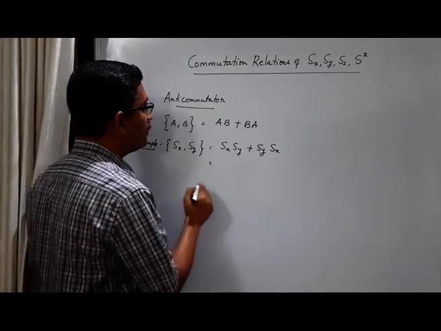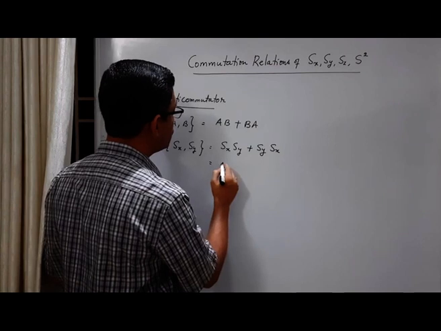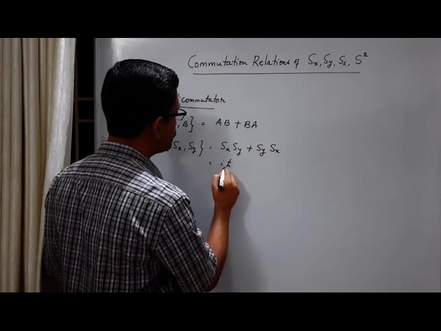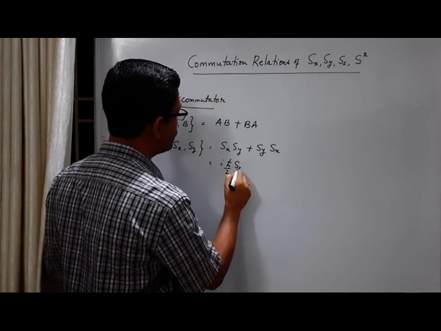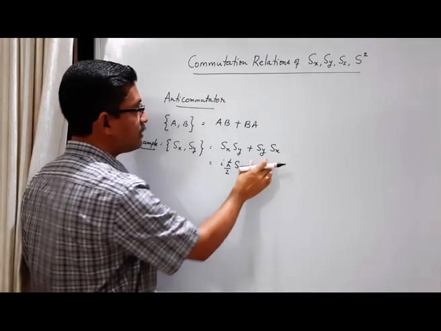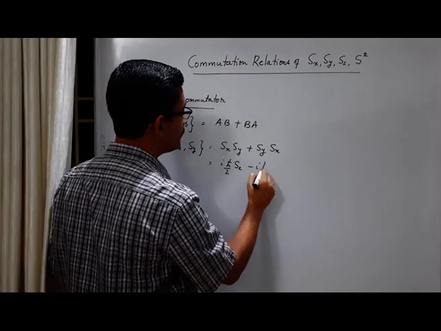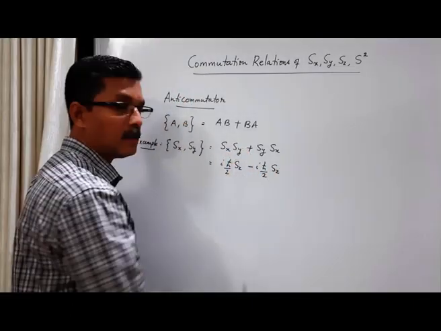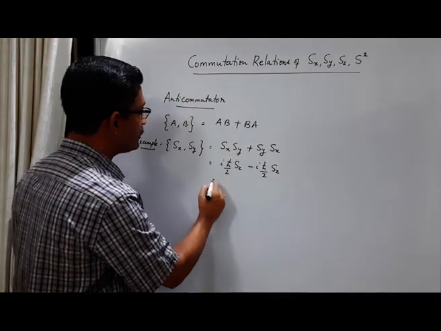Sx Sy, its value was i h cross by 2 into Sz. Okay, and Sy Sx was minus i h cross by 2 into Sz. Okay, this we have established previously. So what is the result? This is 0.